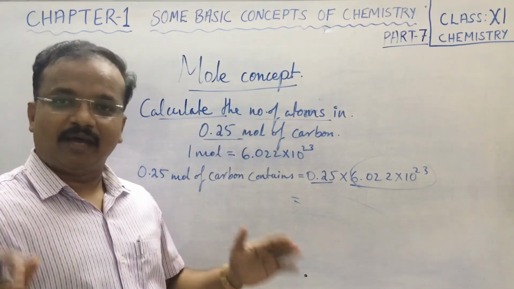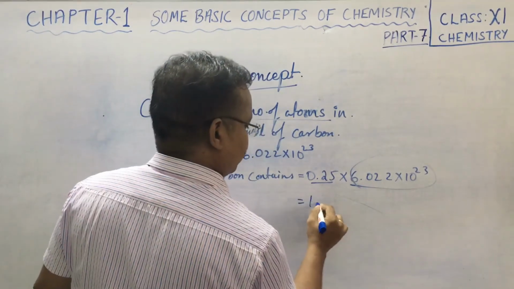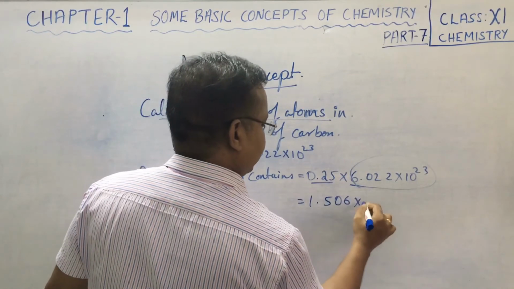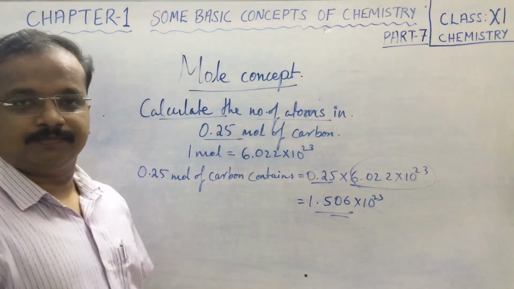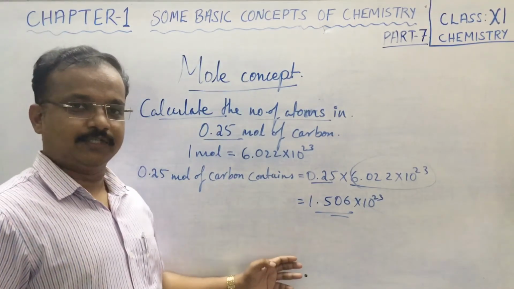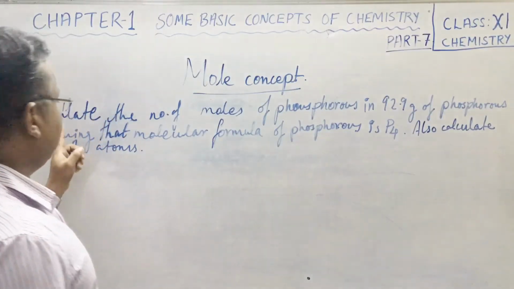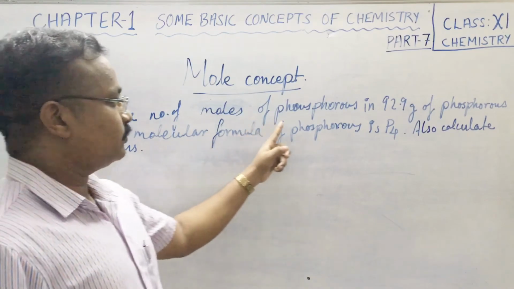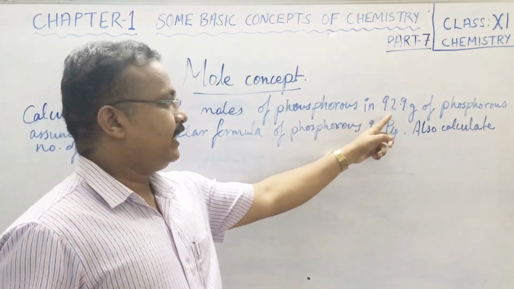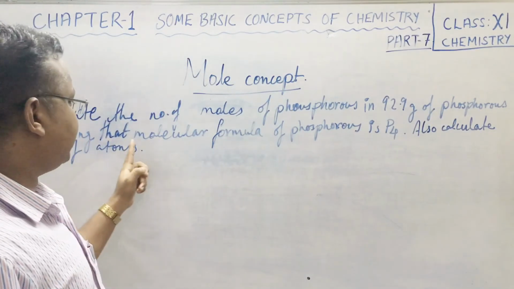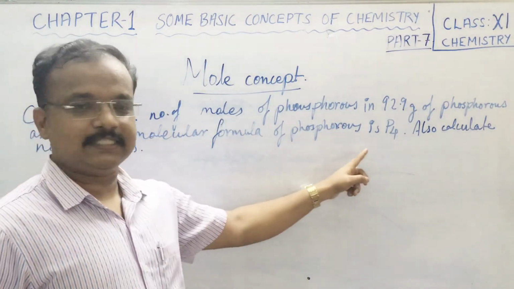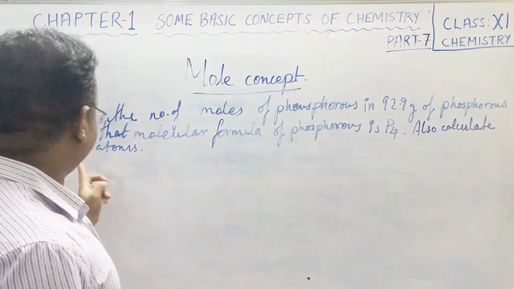This comes to 1.506 into 10 raised to 23 number of atoms. Okay children, I hope you understood this. Children, let's do another question. Calculate the number of moles of phosphorus in 92.9 gram of phosphorus, assuming that the molecular formula of phosphorus is P4. Also calculate the number of atoms.